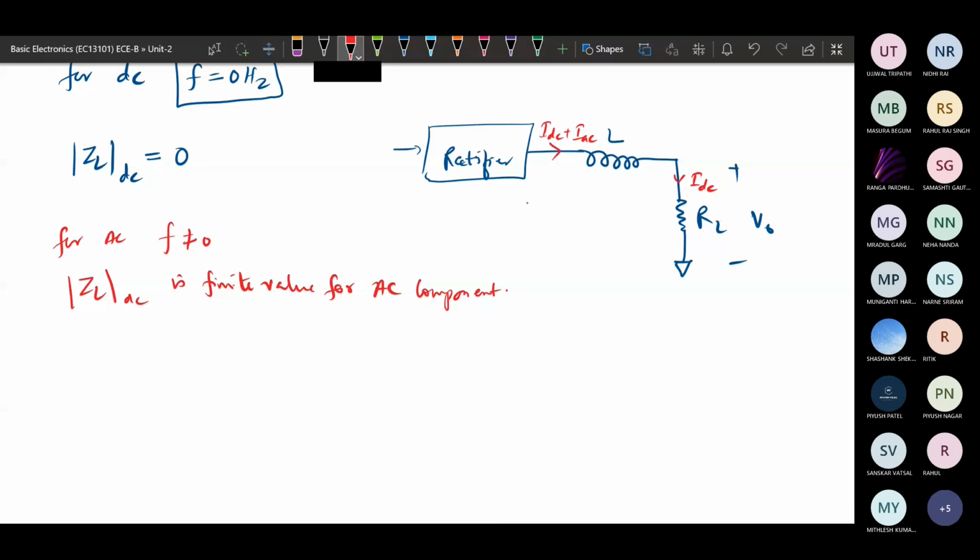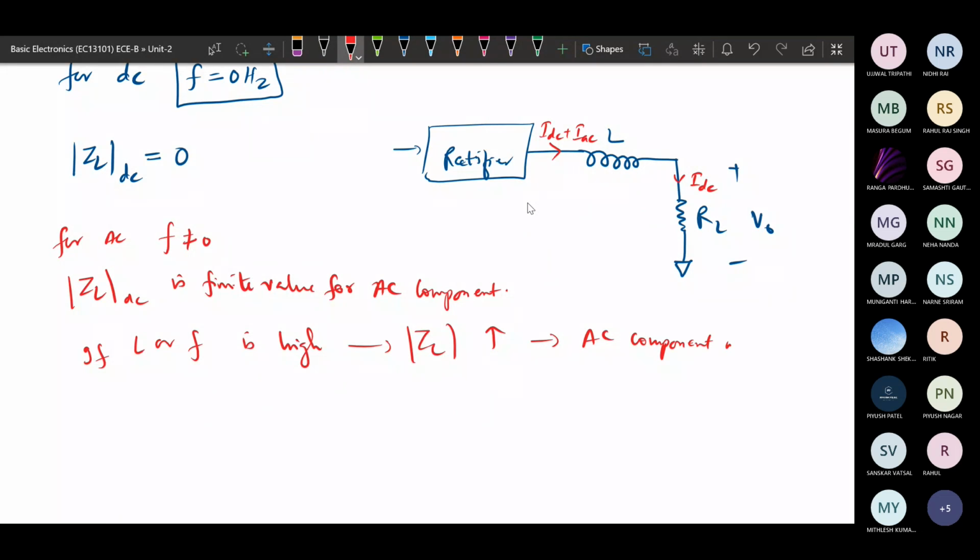If we have a high frequency or a high L value, then ZL will be high. If ZL is high, that means the AC component will be filtered out.